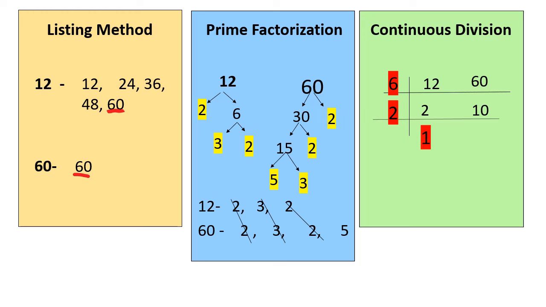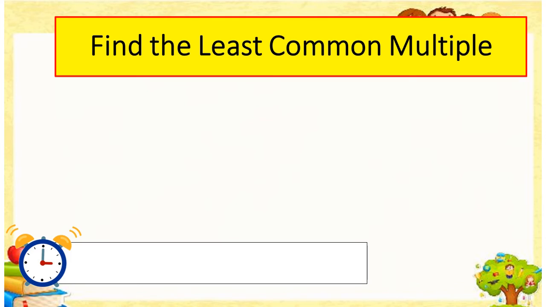Then, multiply all the red numbers, the ones colored red. So, 6 times 2 is 12, times 1 is 12, times 5 is 60. So, our LCM is 60. See? It's easy, kids. And let's have another one. Find the least common multiple of, this time three numbers, 3, 6, and 9.